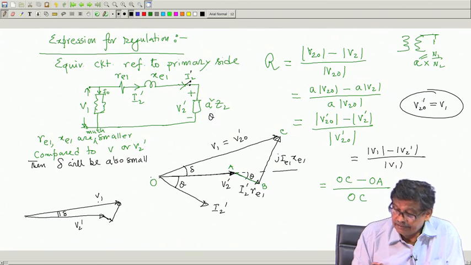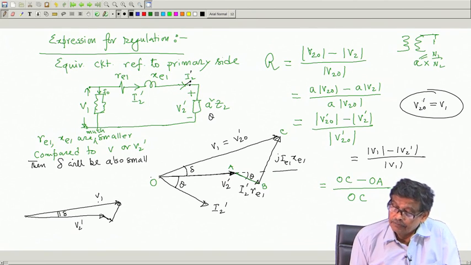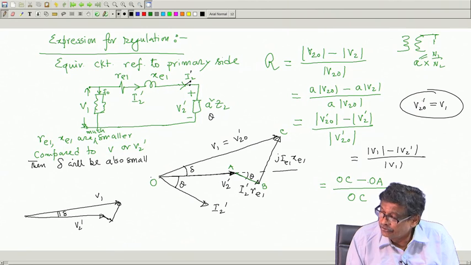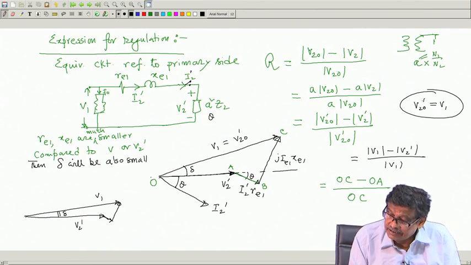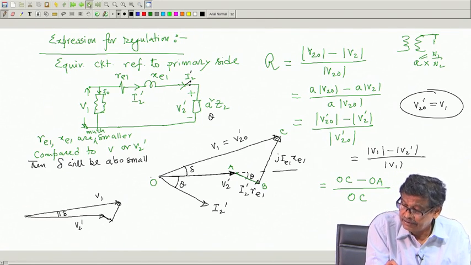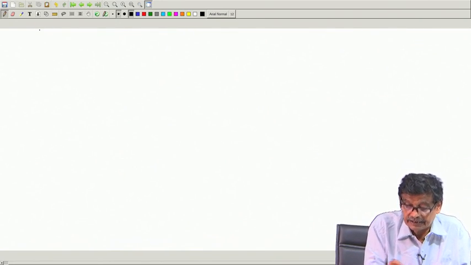So, keeping this in mind, is it possible then to get the difference between OC and OA? OC and OA, this difference. So, I will now go to next page and start with this phasor diagram rather neatly. It requires like this.